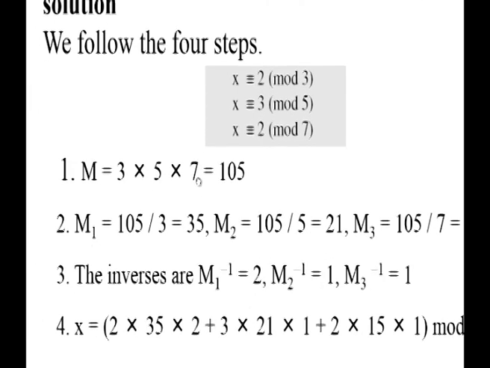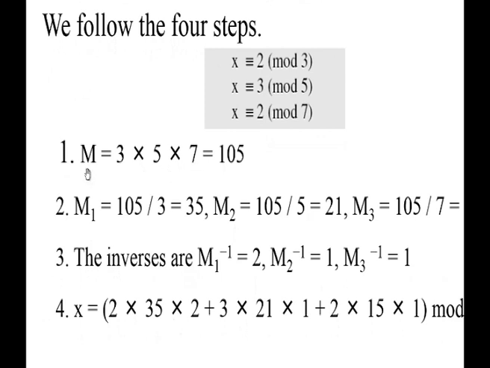So, the first step is to find capital M, which is the product of the moduli of the first equation, second equation, third equation: 3, 5 and 7, equal to 105. Then what do we have to do? We have to find capital M1 with respect to smaller m1 based on the answer we obtained in step 1. From step 1 we got 105.